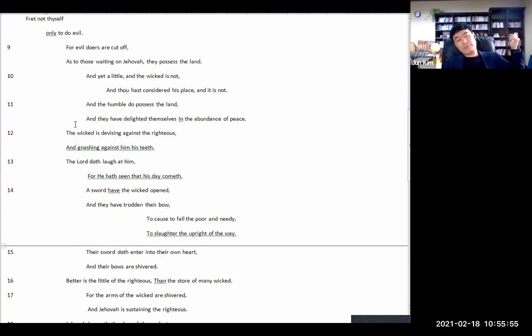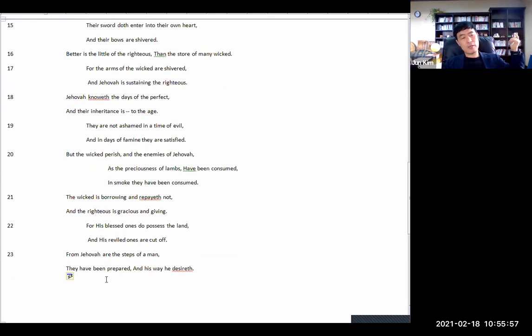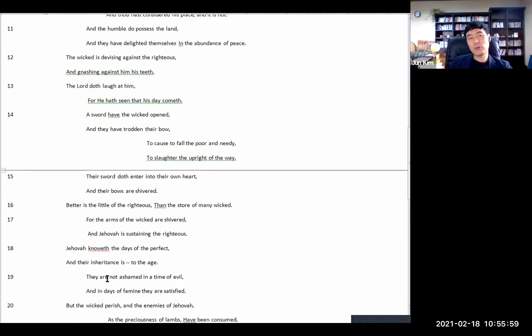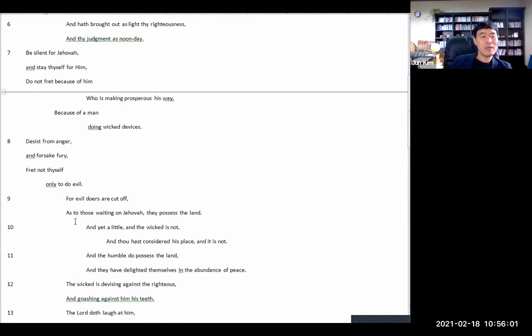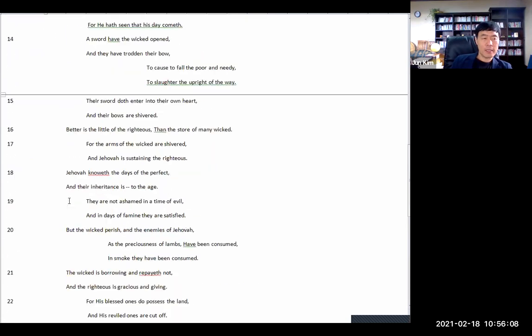So what you can see from verse 9 to 23 is all about the reason why we stop fretting ourselves. And then it provides the comparison between the wicked life and the life of righteousness, righteous people.